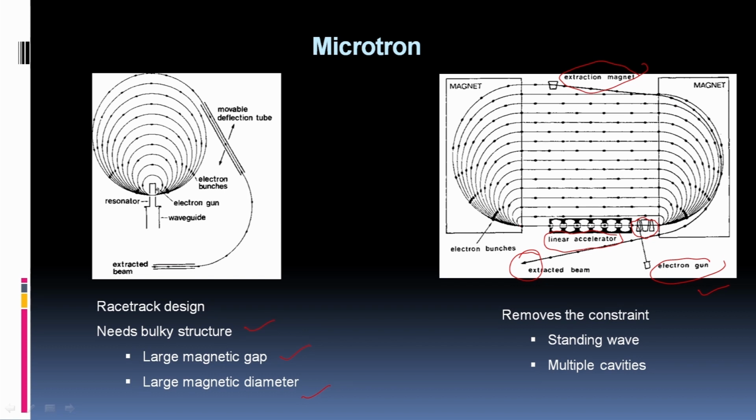The cavity voltage and the alternating field frequencies are adjusted so that they come in proper phase after each passing of the cavity. So, this removes the constraint by using a standing wave and multiple cavities.